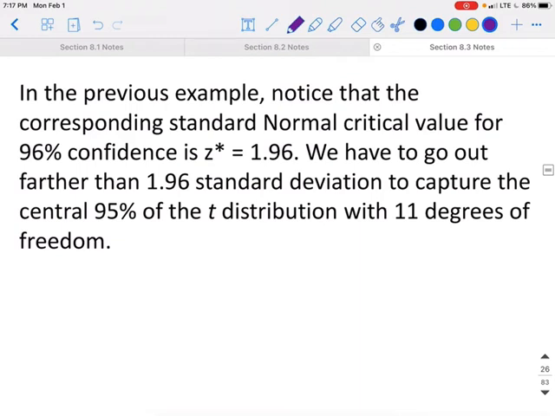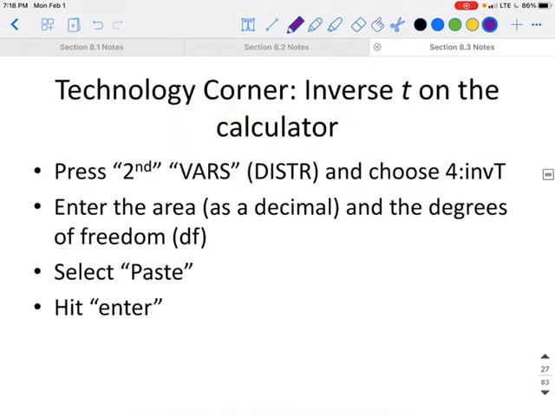In that previous example, notice that the corresponding standard normal critical value for the 95% confidence interval, not 96, is z star of 1.96. We have to go out further than 1.96 standard deviations to capture the central 95% for the t distribution with degrees of freedom of 11.